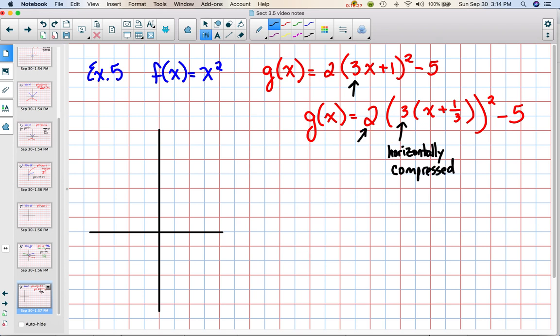This is going to be vertically stretched. This is going to be shifted 1/3 to the left, and this is going to be down 5.